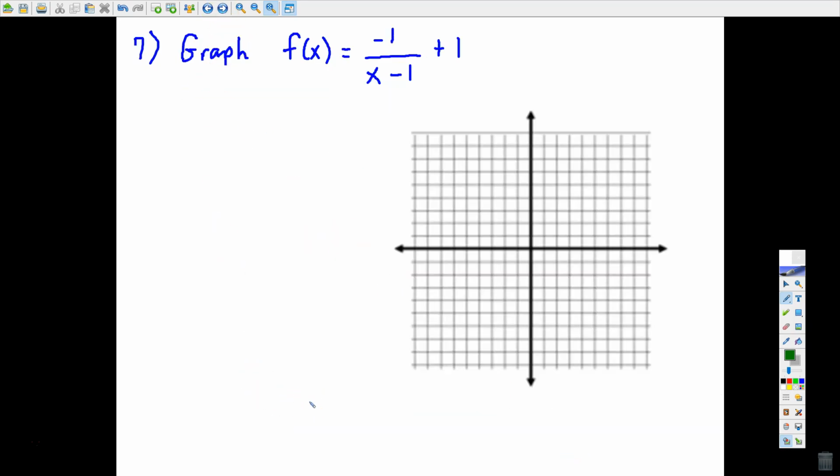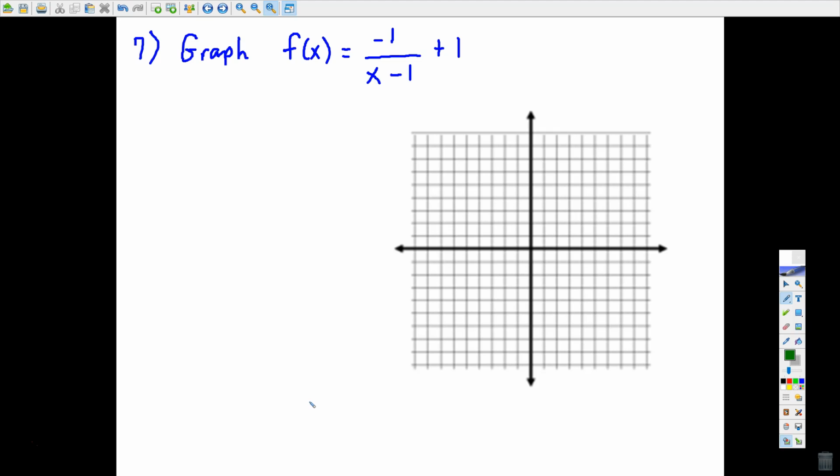Okay, now we get to a graphing problem, and this was taken from our lesson 7.3. It's inverse variation, the graph of inverse variation function.